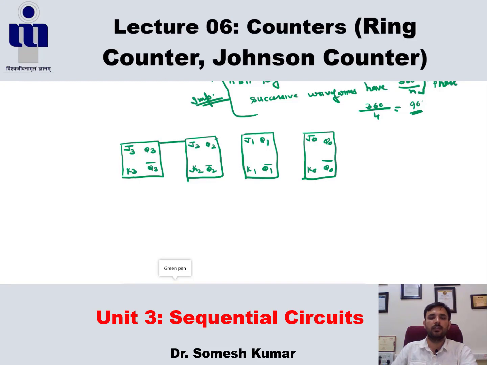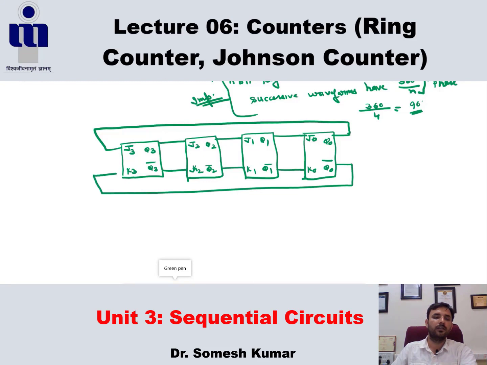So this is our ring counter. Here, because this is serial input serial output registers with feedback, so this feedback should be given like this. So this is a ring counter with JK flip-flops. All other working remains same, only that D flip-flops can be replaced by the JK flip-flop. Fine. So this is a ring counter with JK flip-flop.